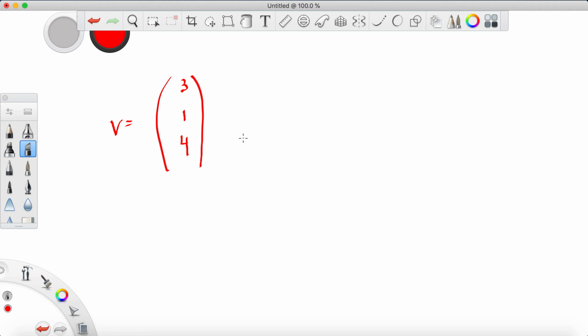What's its size? Well, it's 3 rows and 1 column. And so strictly speaking, we would say that this is a 3 by 1 matrix.